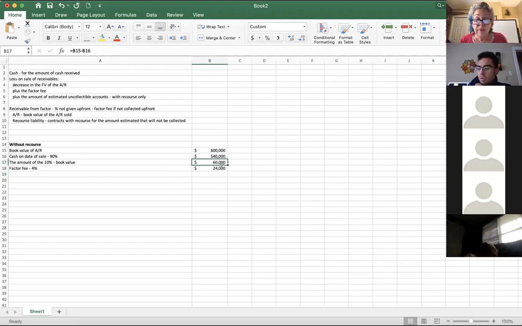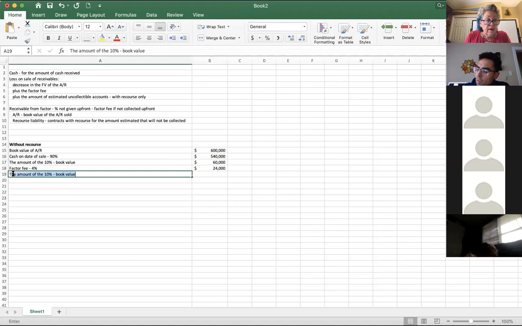So the factor will remit, or pay, the 10% remaining minus the factor fee.